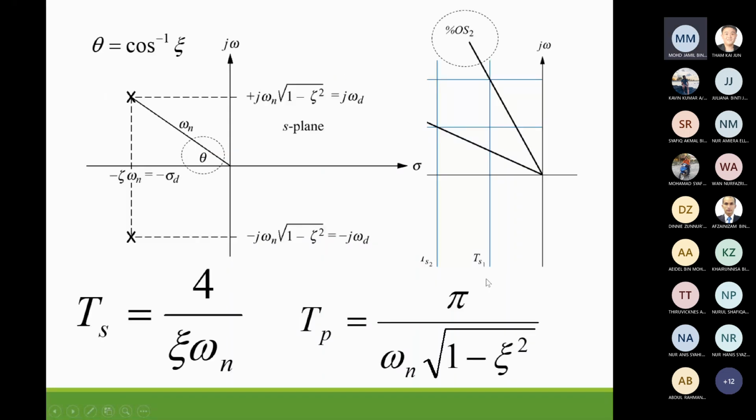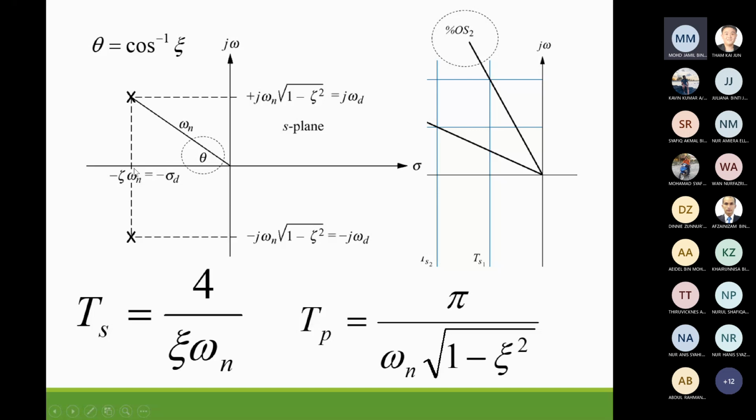Then we can determine the damping ratio from the S plane, the location of the second order system poles. If you have two poles here, then you can find the angle theta that this line makes towards the pole. And then the angle equals cosine inverse of damping ratio.